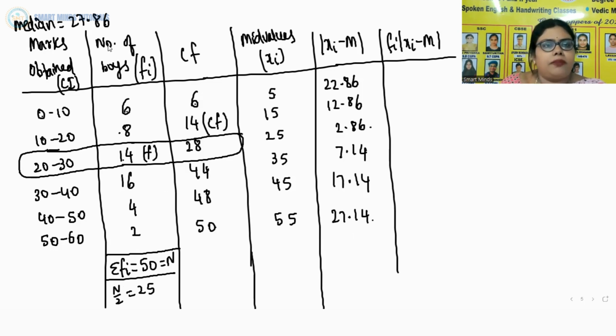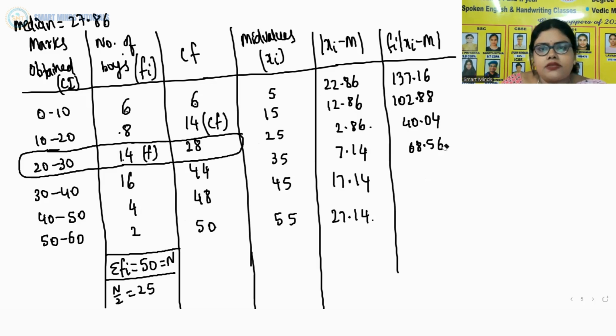Now we need to multiply second column and the last column. So what is 22.86 into 6? 137.16. 12.86 into 8? 102.88. Then 2.86 into 14? 40.04. 7.14 into 16? 68.56. 17.14 into 4?